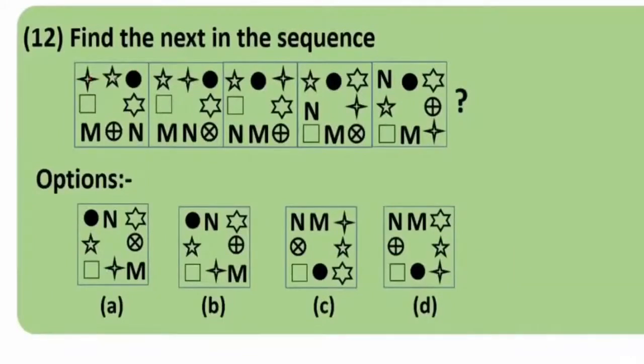Again, pause the video and try to find the sequence. Let's see what the sequence might be. The 4 pointed and 5 pointed stars get inverted. Okay, they are inverting, and then we are getting this. Here also this gets inverted and we are getting n and this circle. Here it is plus sign, here it is multiplication. So this is inverting, this is exchanging, this is exchanging. Now from here to here, we are getting this. Again, this is exchanging between themselves, this is exchanging, and then we are getting this.